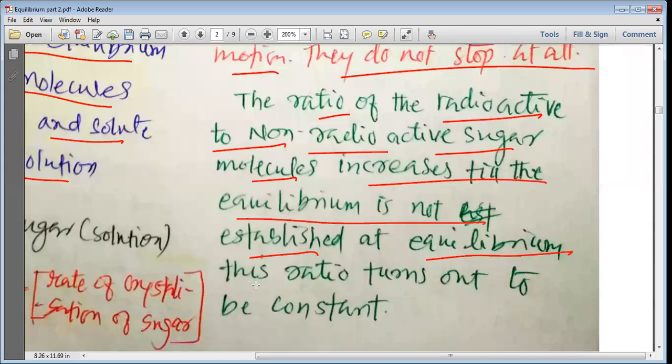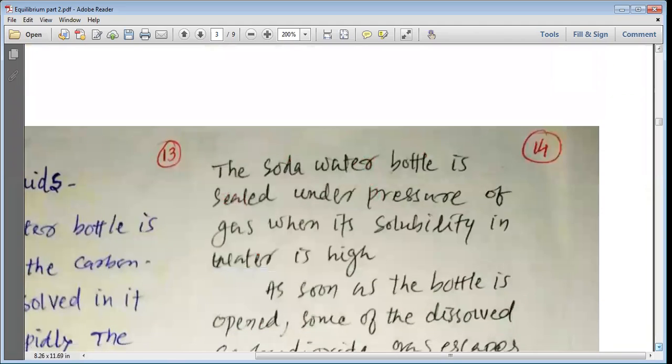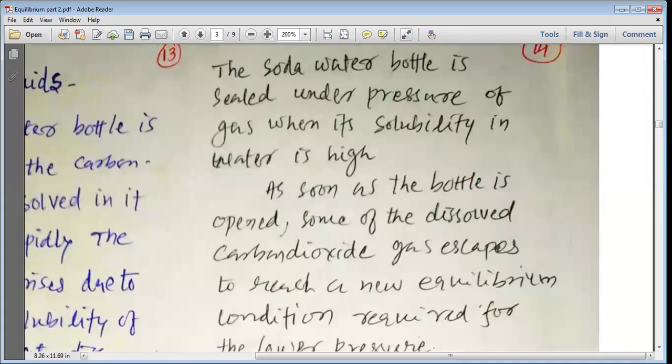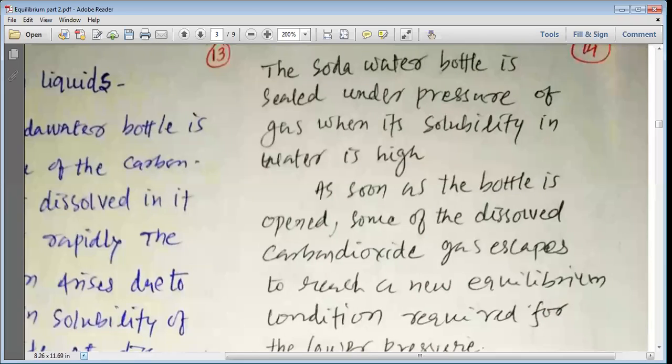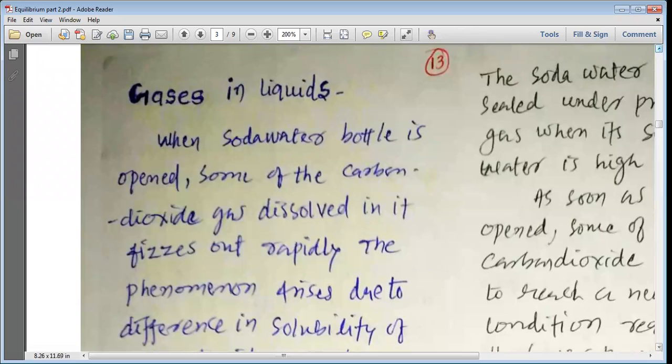At equilibrium, the ratio turns out to be constant. When the new equilibrium has been established, the amount of sugar in the solid and the amount of sugar in the solution as a solute becomes constant, and then even the radioactive sugar ratio does not change, it also maintains itself constant at equilibrium, please remember.